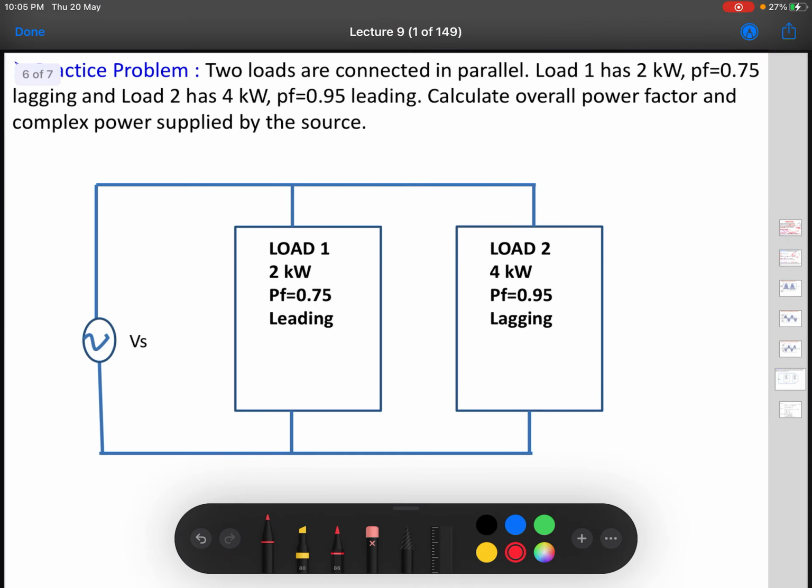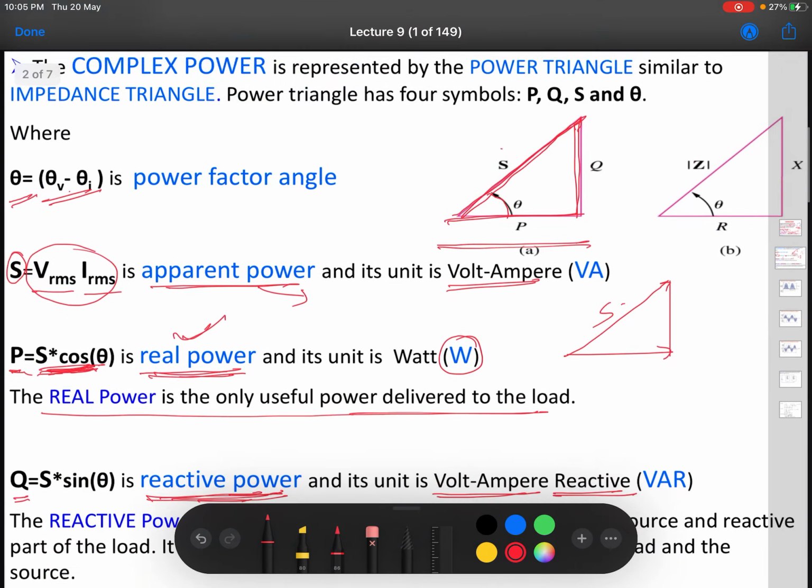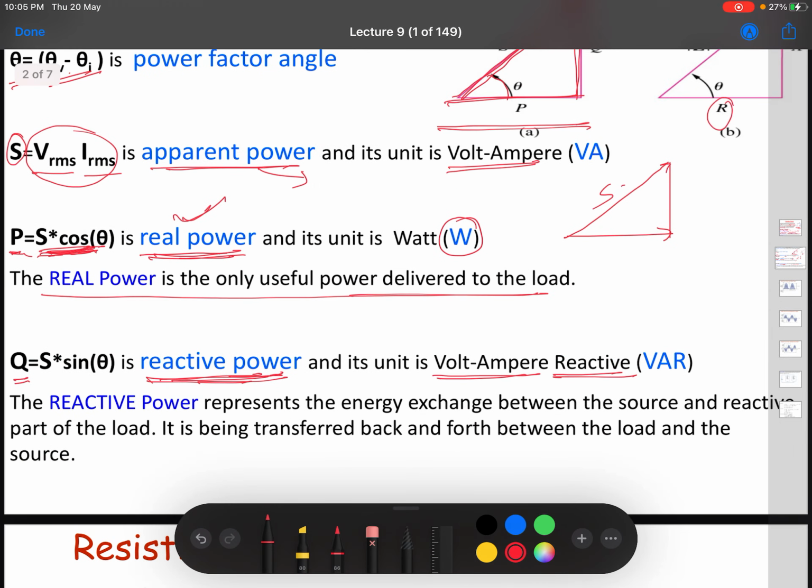This is similar to the impedance triangle you had for Z. Z means R here and jX here, and this is Z. The magnitude is the square root of R squared plus X squared, and of course there is an angle between Z and R. That is what you call theta. So if you have R plus jX as Z, then this angle appears as the power factor angle for the load.